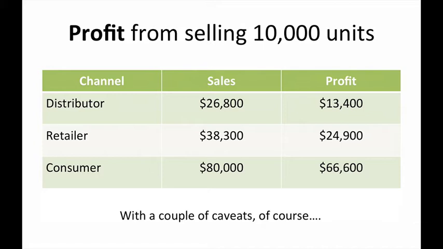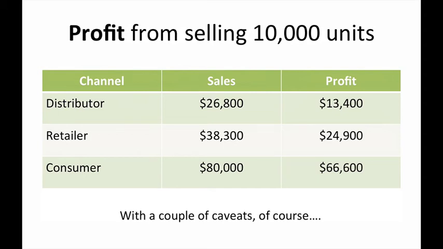Then if you sold all 10,000 units direct to the consumer for $8 a piece, you make $80,000, profiting $66,600. There's a couple caveats to this chart. Not everything is going to get sold through specifically one channel. You're going to sell through a mix of channels, maybe one or two distributors, a handful of retailers, and you sell to consumers at events. So your profit isn't going to be siloed. It's just going to be a mix.